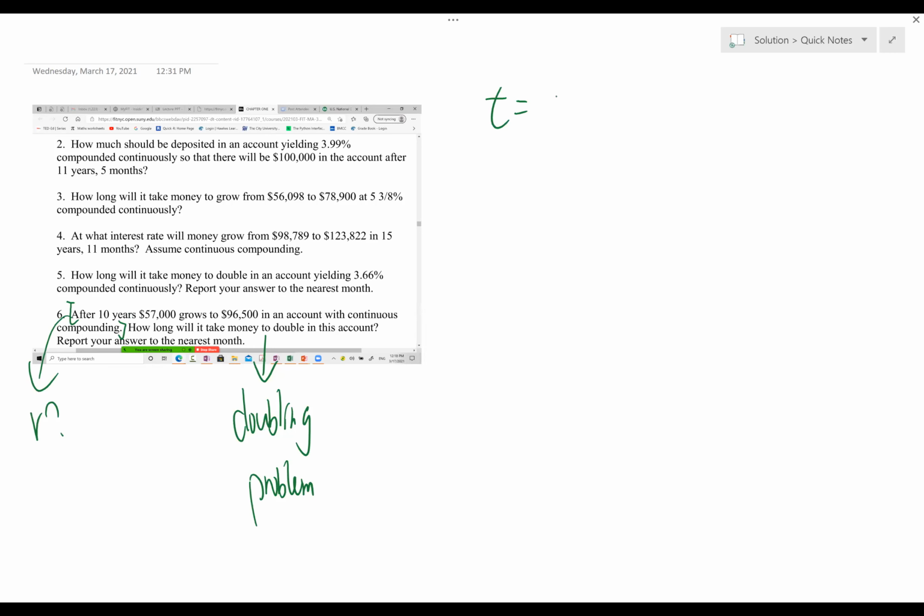Time t is given as 10 years, the beginning balance is 57,000, the ending balance is 96,500, and we're solving for the rate. Once you know the rate, we'll be able to solve the doubling problem, but we have to get to the rate first.